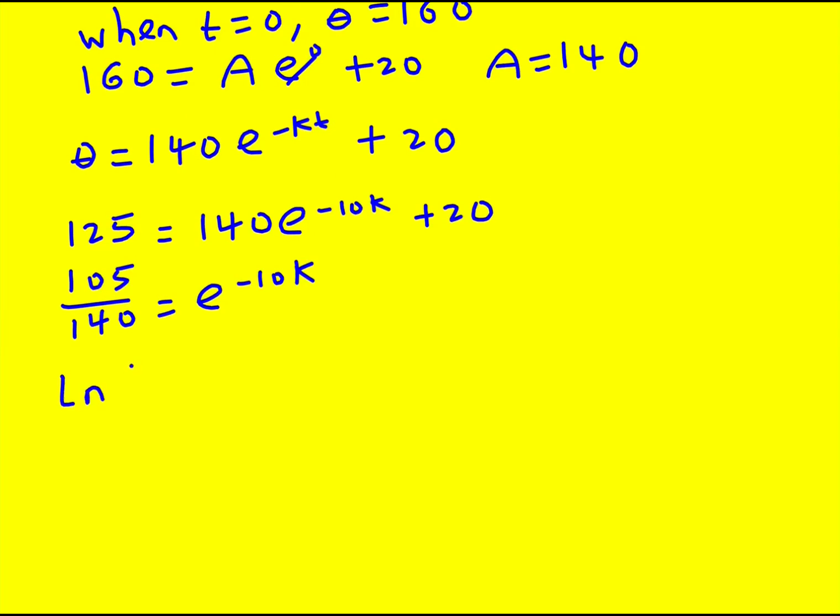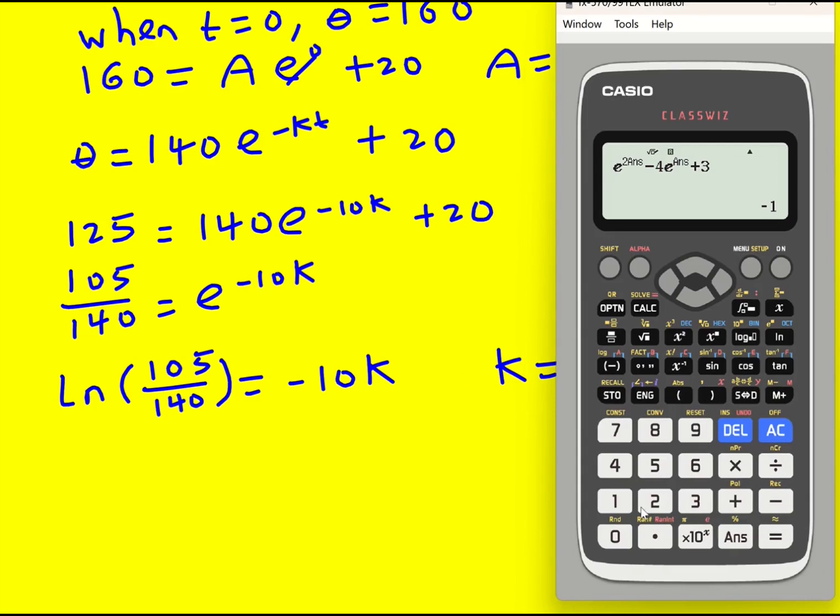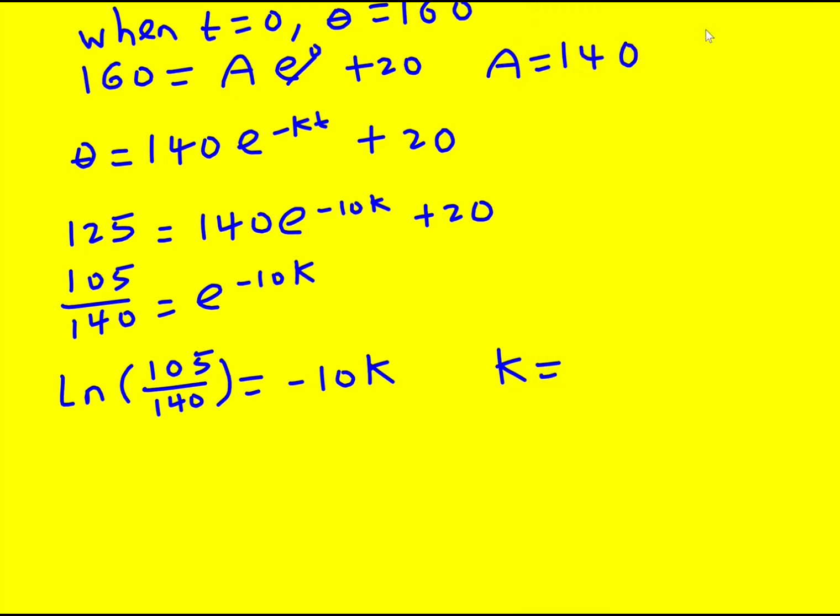And then ln of 105 over 140 is going to equal minus 10k, from which I can work out k. Now the answer's actually left it exact, and this is a model, so I didn't leave it exact. So it's positive 0.02876.